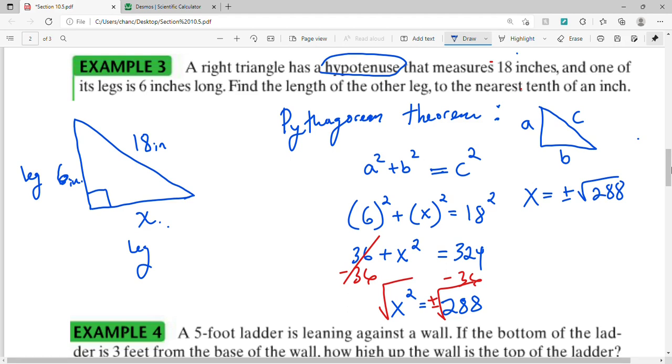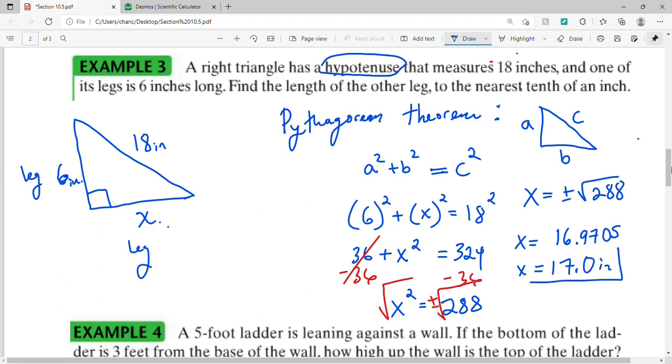The square root of 288 with my calculator is approximately 16.9705 and so on. So this rounds to 17.0 and our units is in inches.